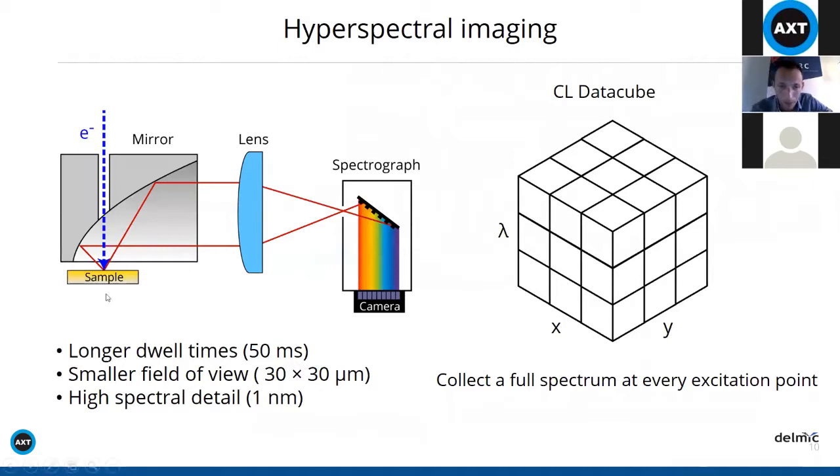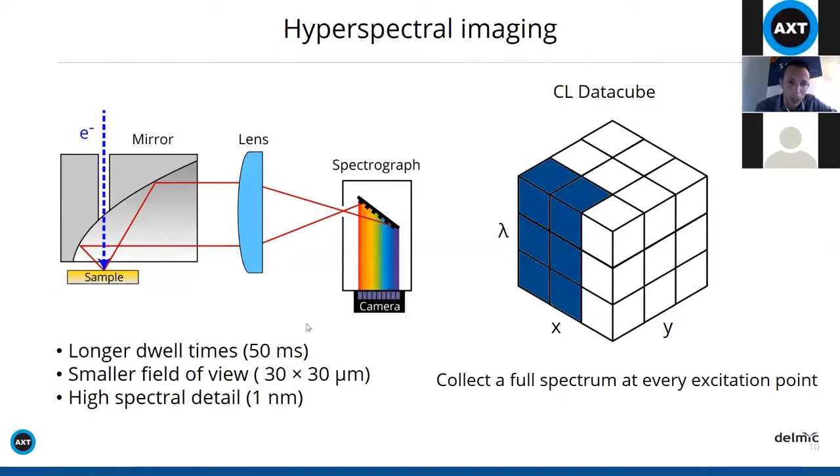This pixelated camera array then measures the spectrum in parallel, and it can do so with a very high spectral detail. So you can measure very nicely emission spectra with better than 1 nanometer spectral resolution if desired. And so you reconstruct the data cube in a different way. For every point you have a full spectrum, and that way you build up your data cube.